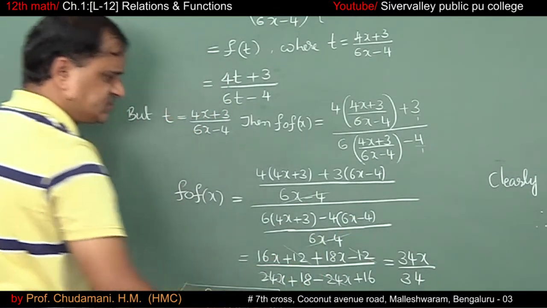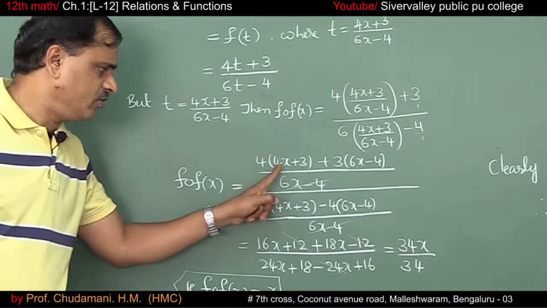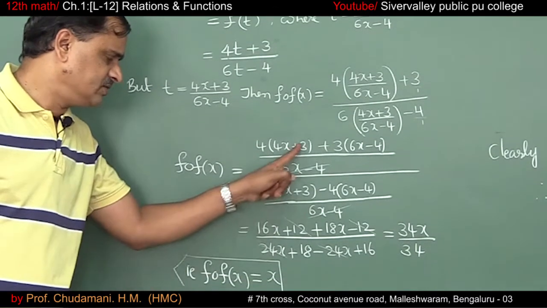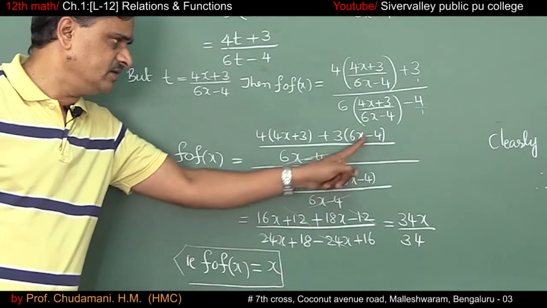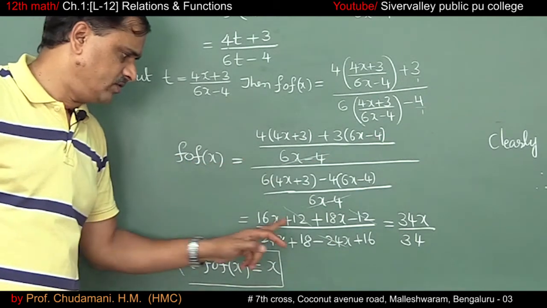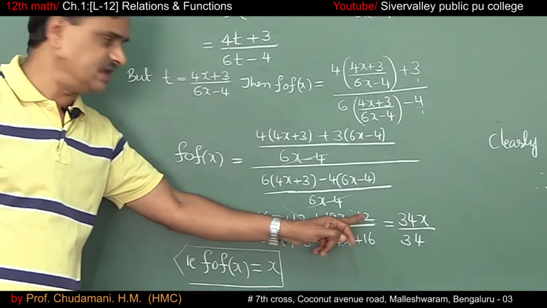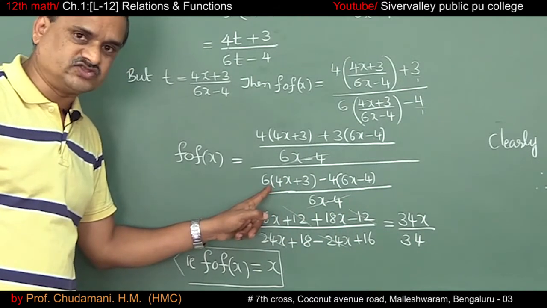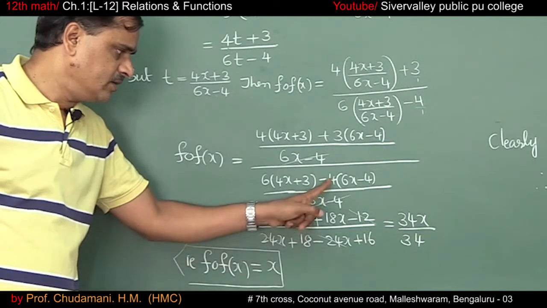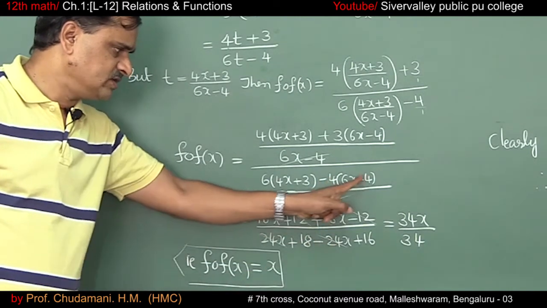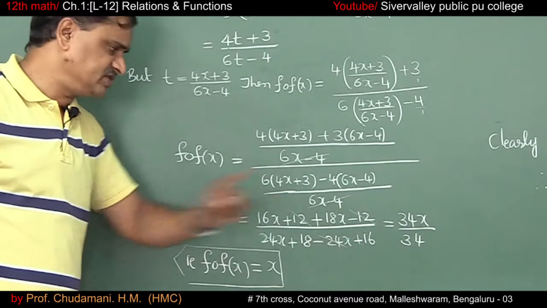This and this gets cancelled. Multiply 4 into 4, 16x, 4 into 3, 12, 3 into 6, 18x, minus 12. Plus 12 minus 12 gets cancelled. In the denominator also, 6 into 4, 24x, 6 into 3, 18, minus 24x, minus of minus plus 16.